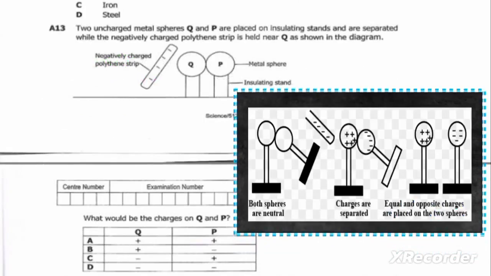Therefore, Q will have positive charges, then P will have negative charges. The reason is that the negative charges on the polythene strip push the negative charges in these two spheres to this side, and attract the positive charges to sphere Q. So at the end of this experiment, sphere Q will be positively charged, and sphere P will have negative charges.